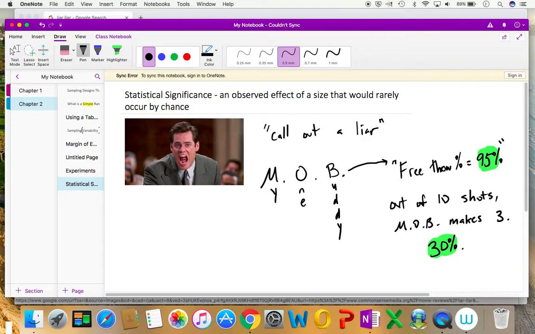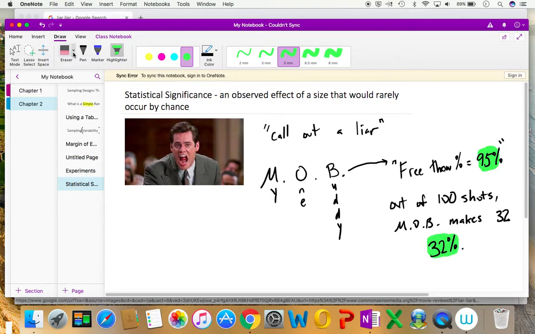Let's say out of 100 shots, and we'll give him a little bit more here, he makes 32. So now all of a sudden, I'm changing my percentage from 30 to 32%. But I'm also increasing my sample size from 10 all the way up to 100.